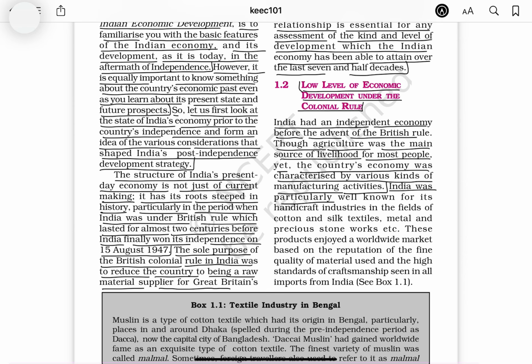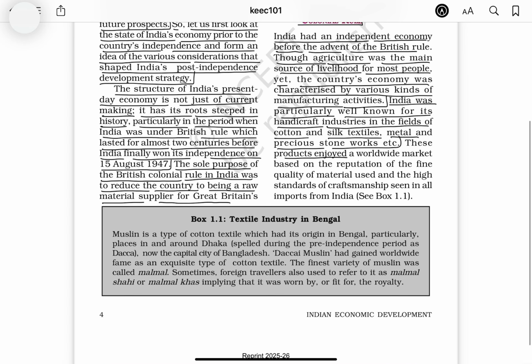India was particularly well known for its handicraft industries in the field of cotton and silk textiles, metal and precious stone works, etc. These products enjoyed a worldwide market based on the reputation of the fine quality of material used and the high standards of craftsmanship seen in all imports from India.